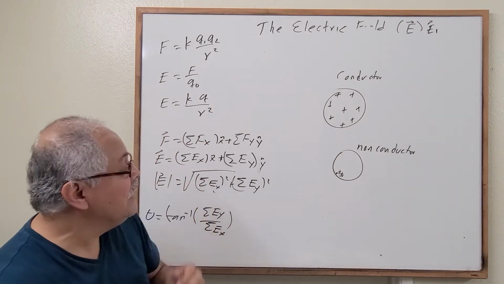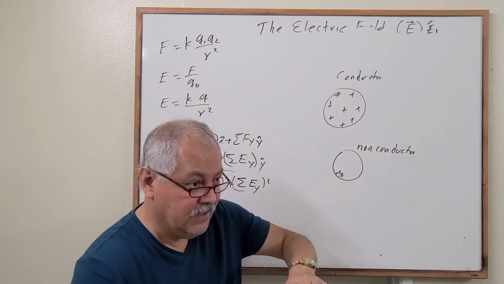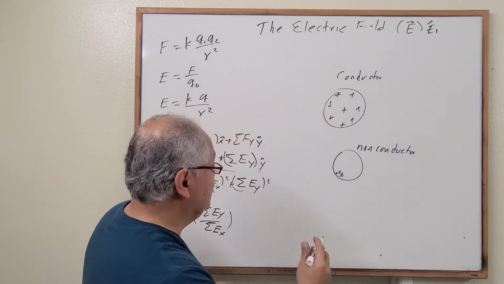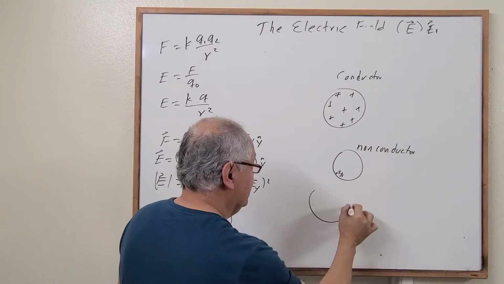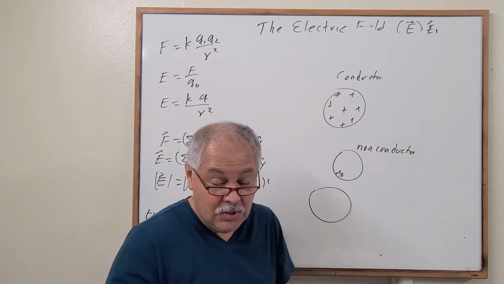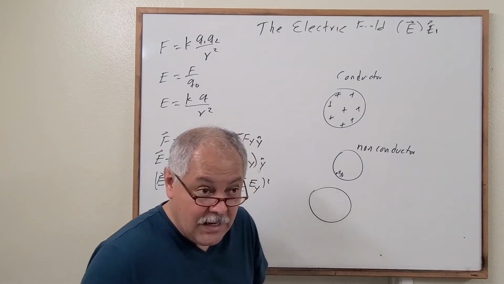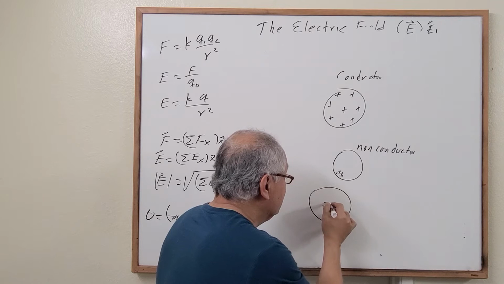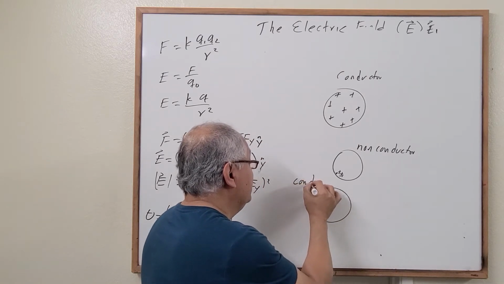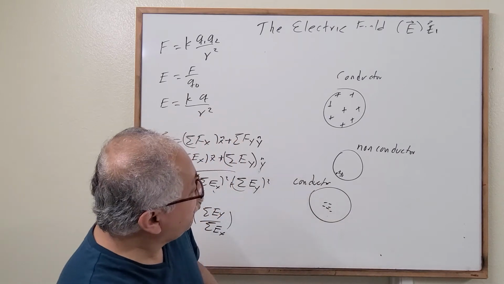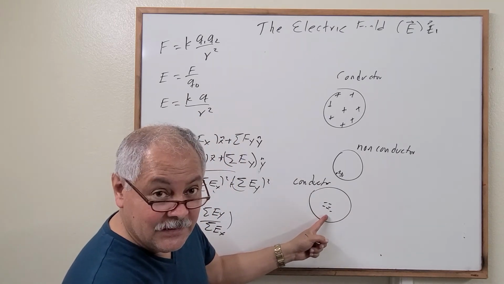Okay, perfect. Now, imagine that we have, again, a sphere, solid, right? If the sphere is solid, and we introduce by some way negative charges, and we place them inside, right? This is a conductor, right? What happens with the charges inside?